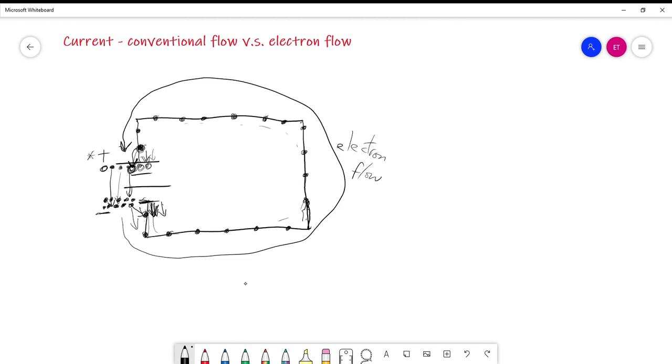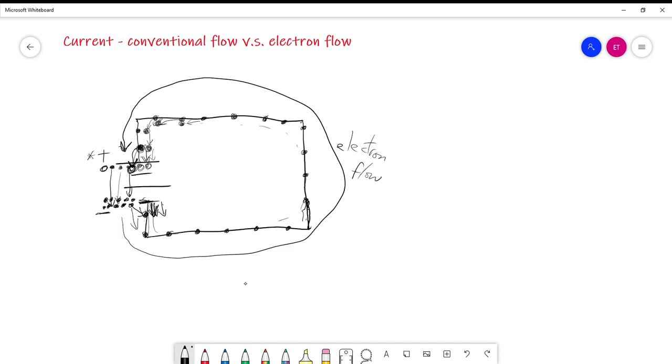Now watch what happens. This electron here leaves behind a hole. And then this electron jumps in there, but it leaves behind a hole. And this electron jumps in there to fill that, because again, opposite charges attract, and now there's a hole here. And this electron jumps in there, and now there's a hole there, and so on.